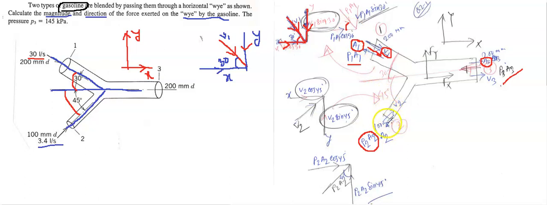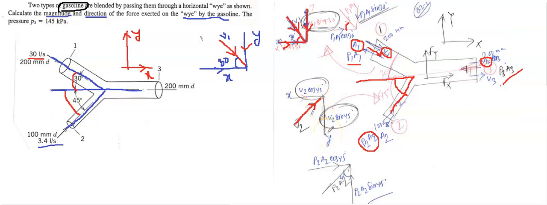Now if I enlarge section 2, you see the velocity is going this way. Let's say this is our velocity. If I extend this line, it creates this 45-degree angle here. This is our x-axis, and this is the y-axis.